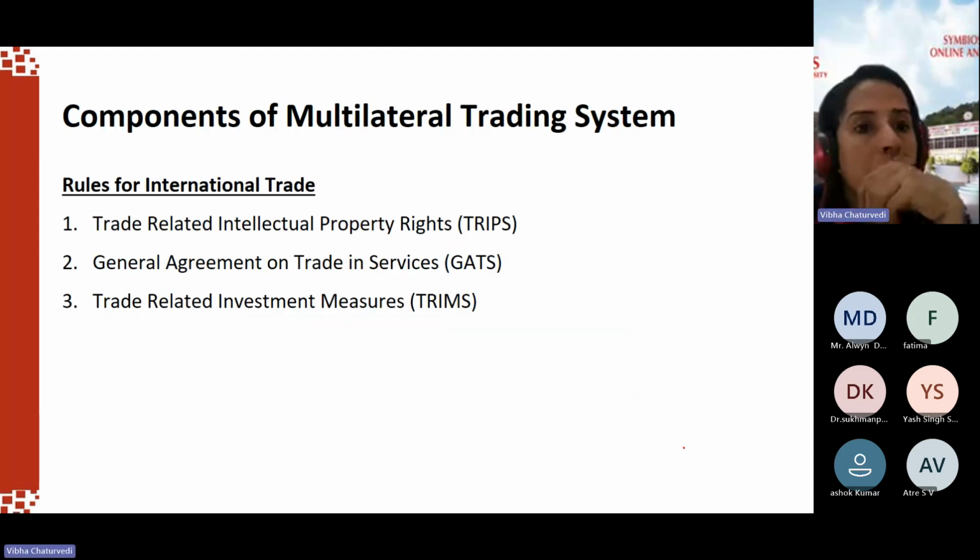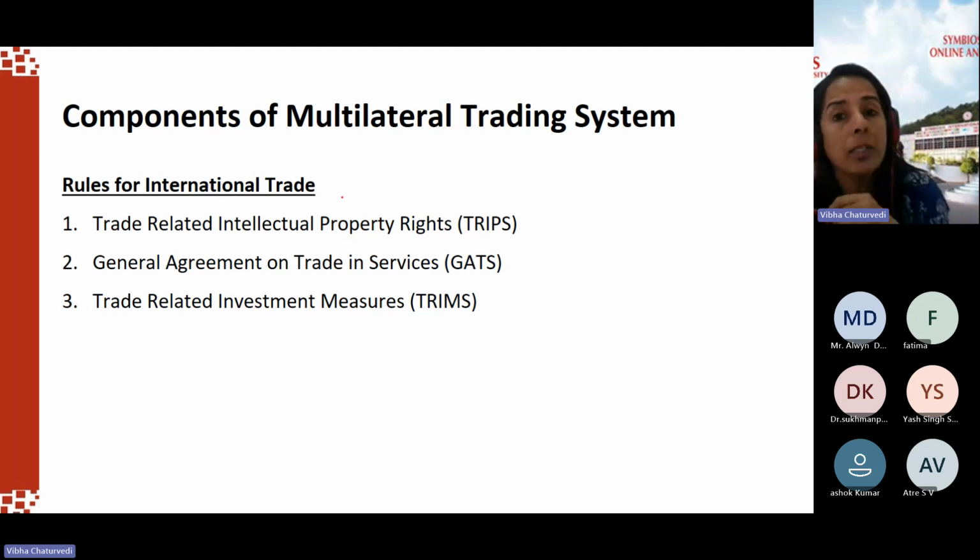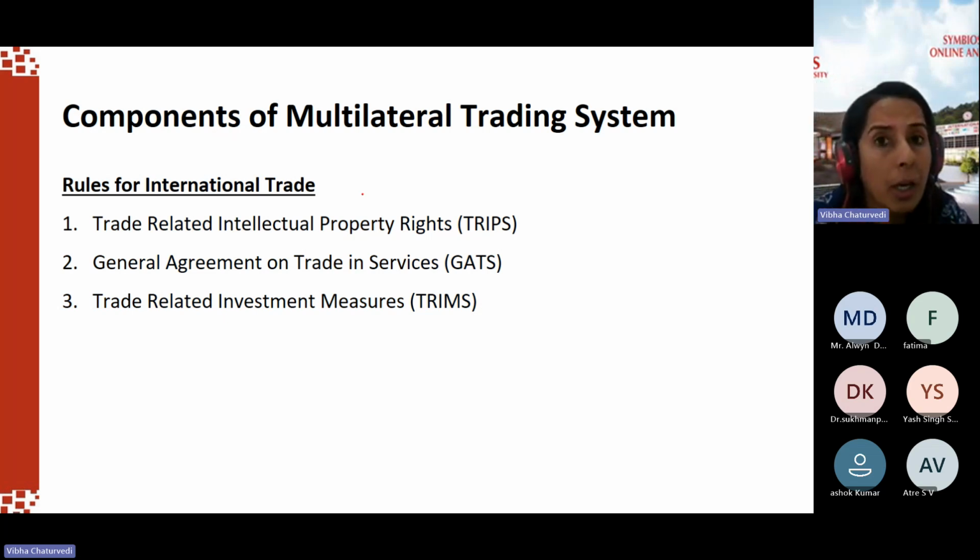Okay, next. So, what are the rules for international trade now after the GATT was replaced by WTO? The main point of contention under GATT was this, in the Dunkel draft that had come out. And what is the Dunkel draft?